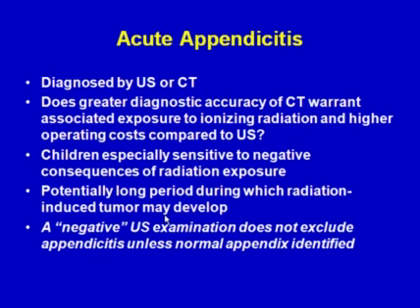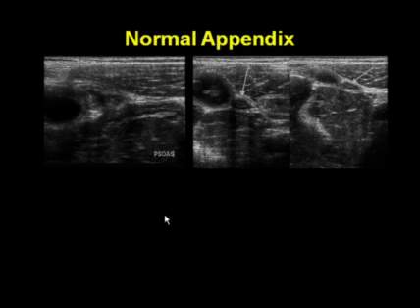On the other hand, a so-called negative ultrasound examination does not exclude appendicitis unless the normal appendix is identified. So here, for example, is an example of a normal appendix very readily visualized with ultrasound. Here on the left we see a longitudinal view of the appendix.